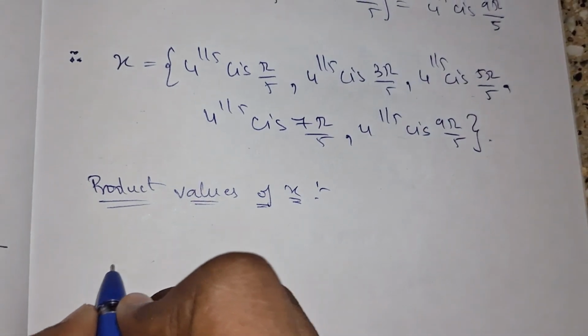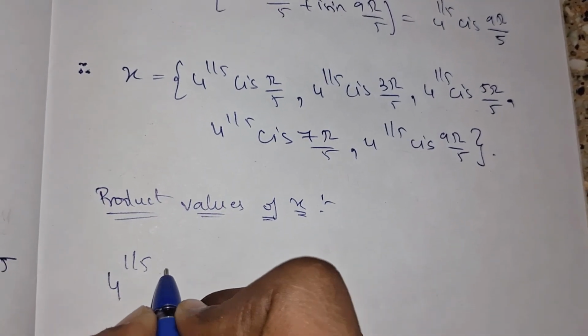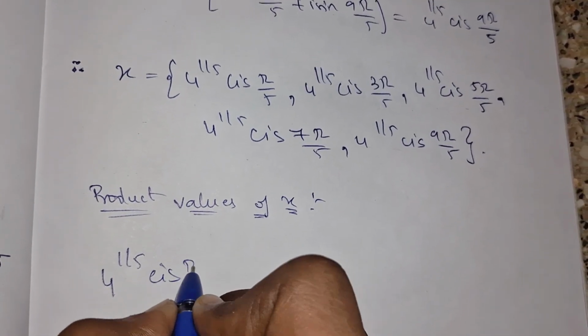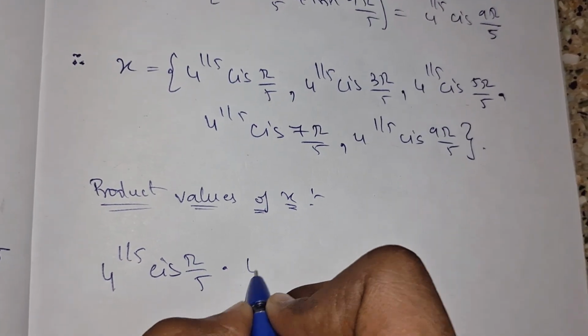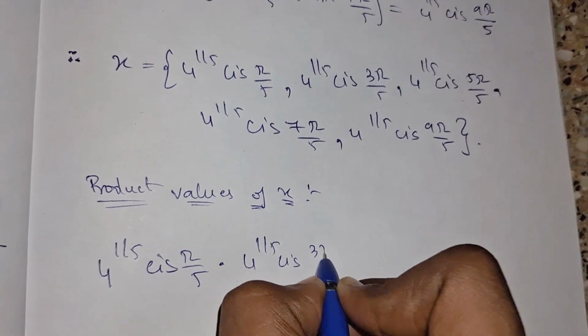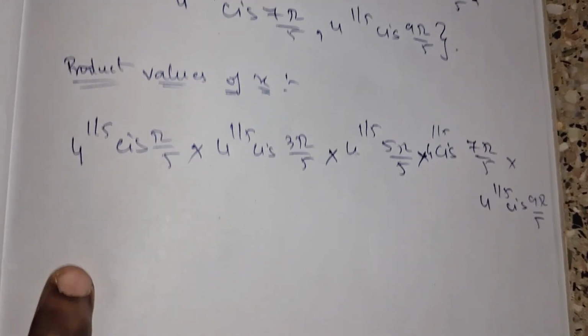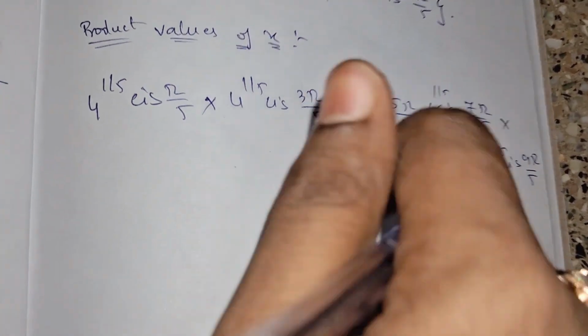If we multiply, what we will get? 4 to the power 1 by 5, this is 5 times, into... Now I can take 4 to the power 1 by 5 common.